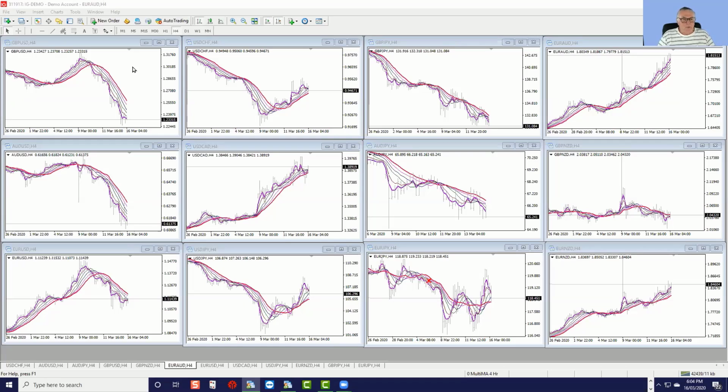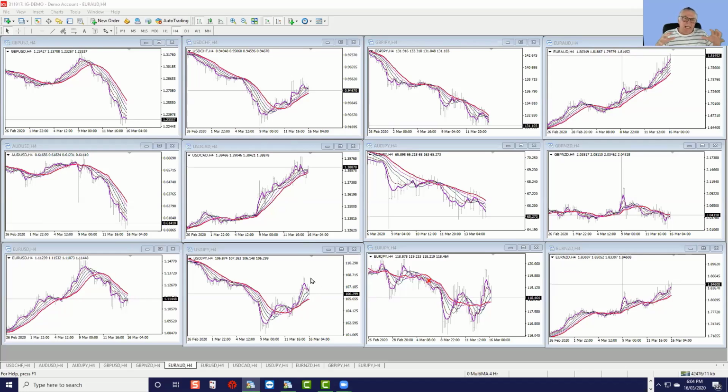As I explained, when the US dollar is dominant, all the charts start looking the same. We've got the pound going down, the Aussie going down, the euro going down, and on the other side, the franc going up because the US is the first currency, and the CAD going up, and the yen is a bit messy, but it is also going up.